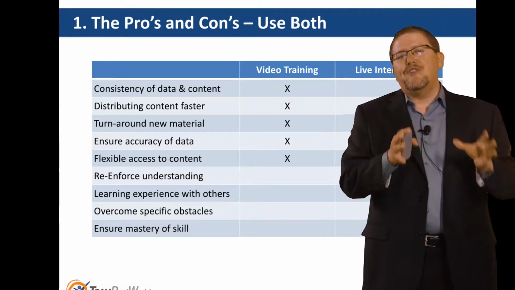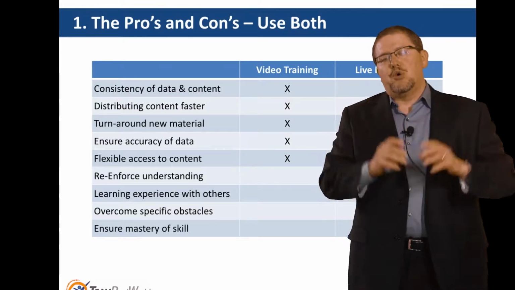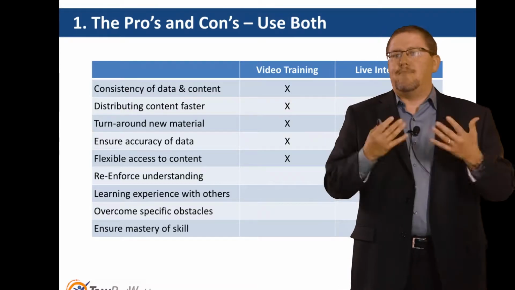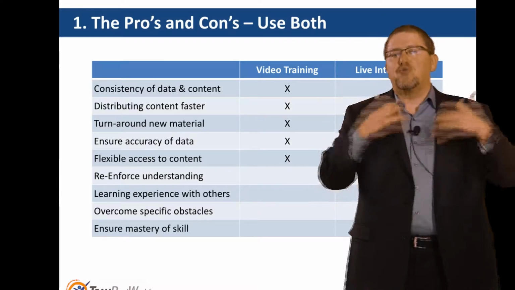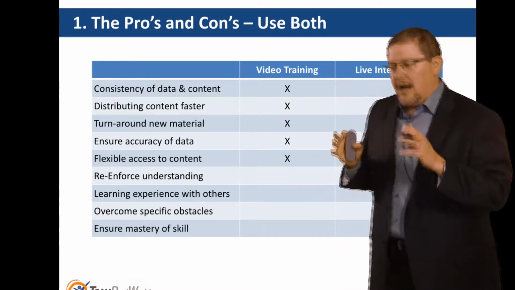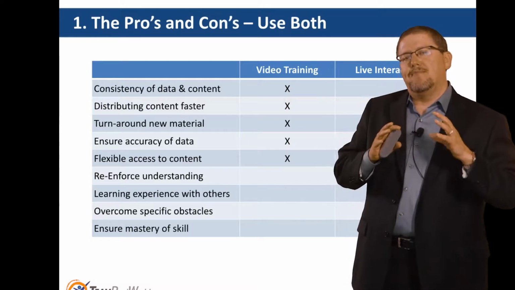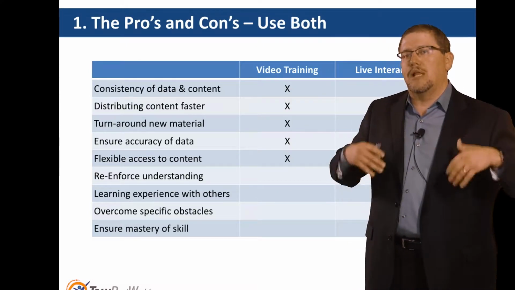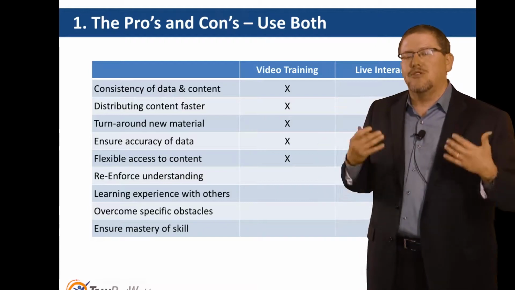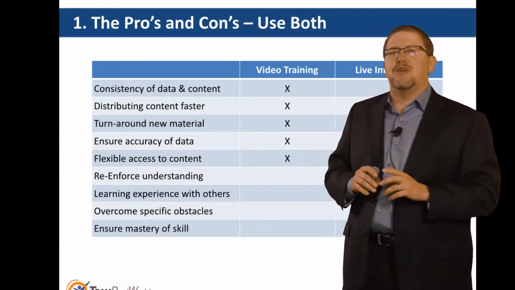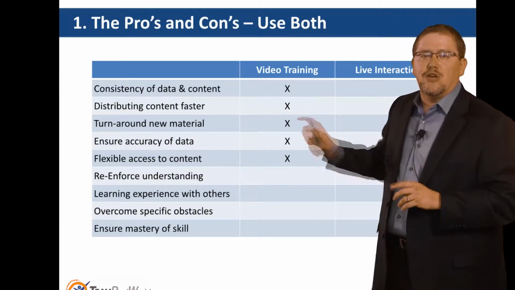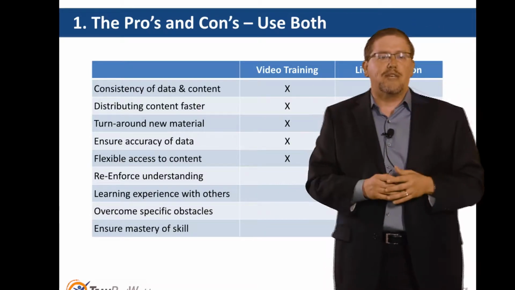We could record a video, upload it to our website or to a website, and people had access to it, and we had a very good systematic approach of rolling out training. So we found out that by doing video training, you can distribute lots of ongoing skill sets on a regular basis. So you've got to keep it organized, but this is one of the biggest benefits of video training, the fact that you can distribute it out on a regular basis.